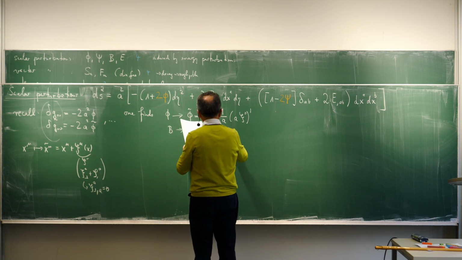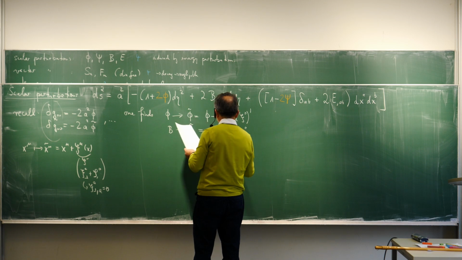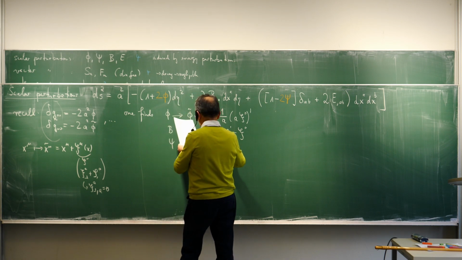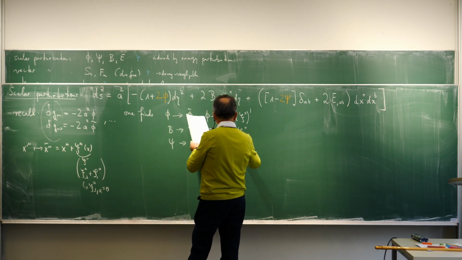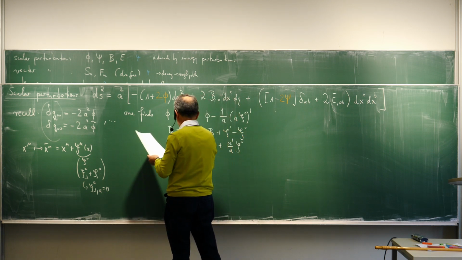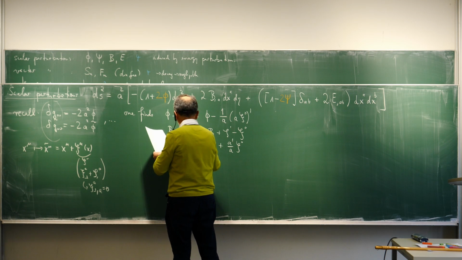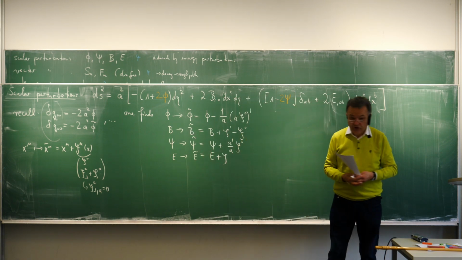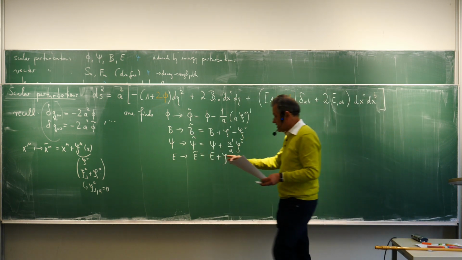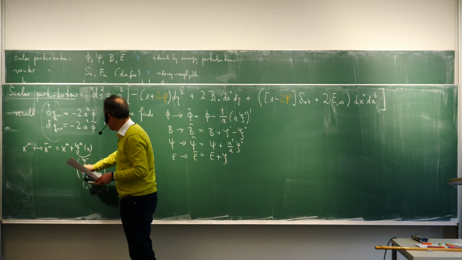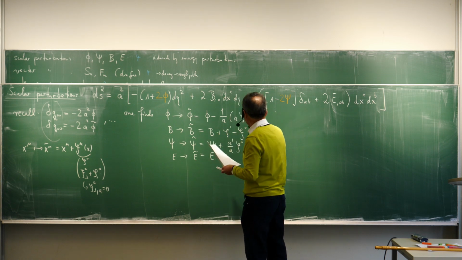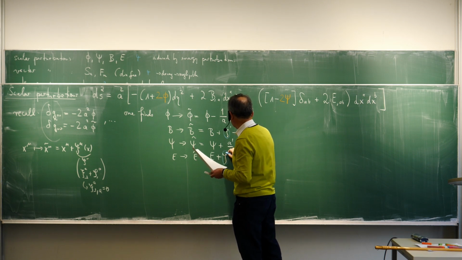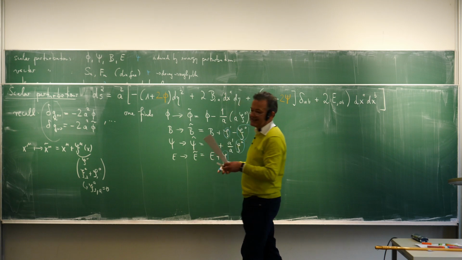So B plus ζ' minus ψ_0, and here we have ψ going to ψ̃ is ψ plus a'/a ψ_0, and finally E going to Ẽ is E plus ζ. Now, you see from these four components here, ξ^μ, which is ξ^0 and the three spatial ones, only ξ^0 and ζ enter.